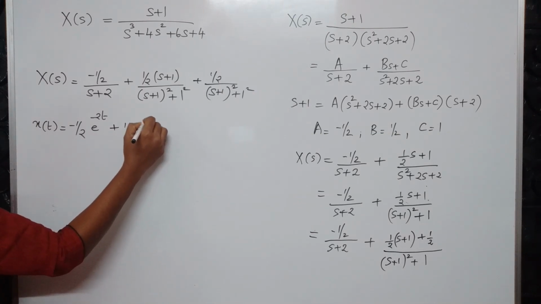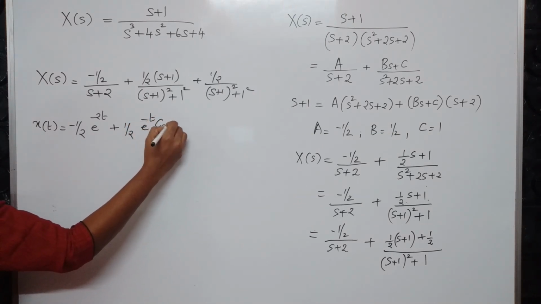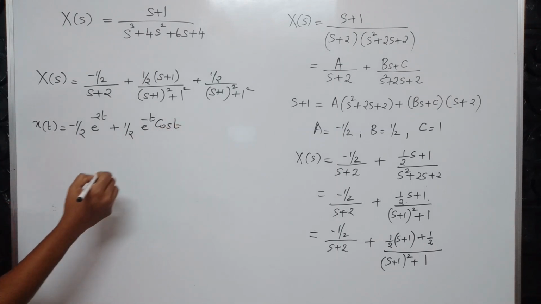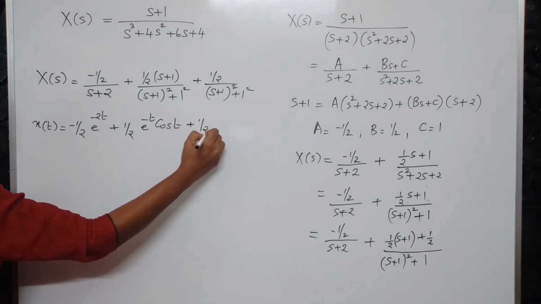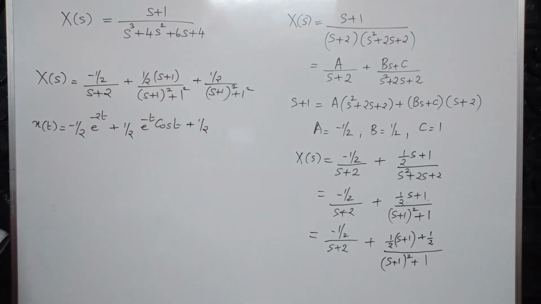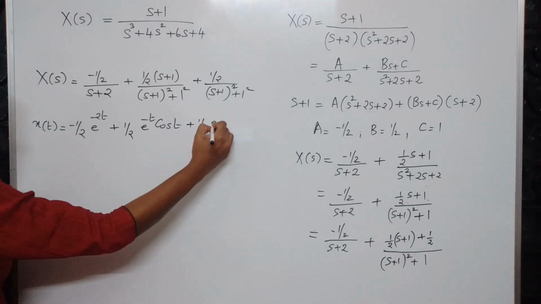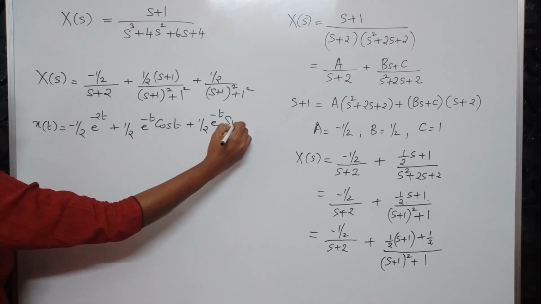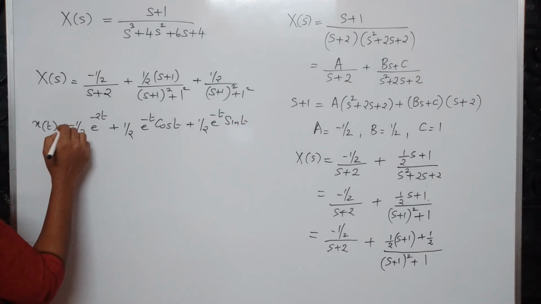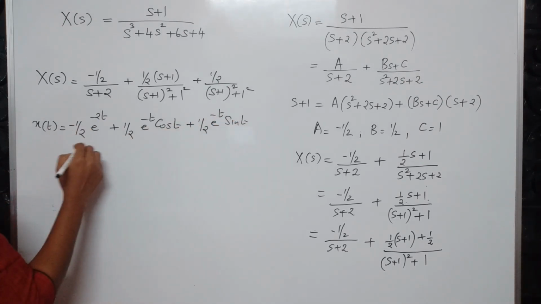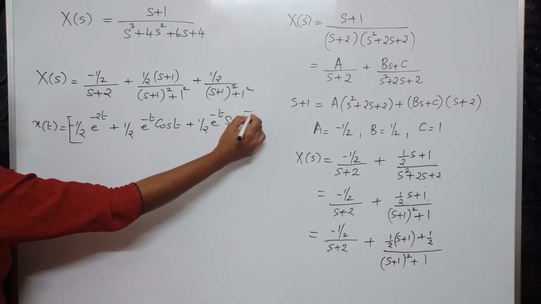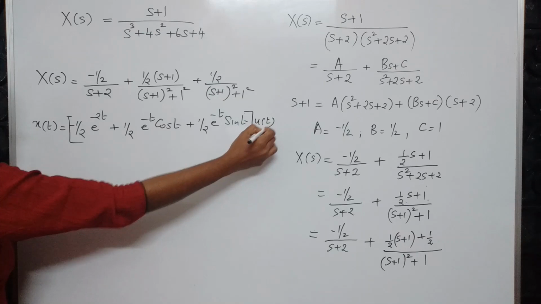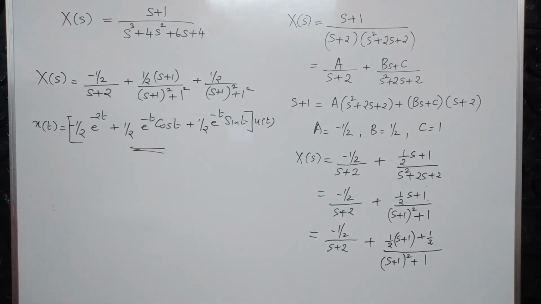It is e raised to minus t cos t plus 1 by 2 into 1 by s plus 1 the whole square plus 1 square is e raised to minus t sin t. If you want, you can put a whole bracket and write u of t outside. This is the final answer.